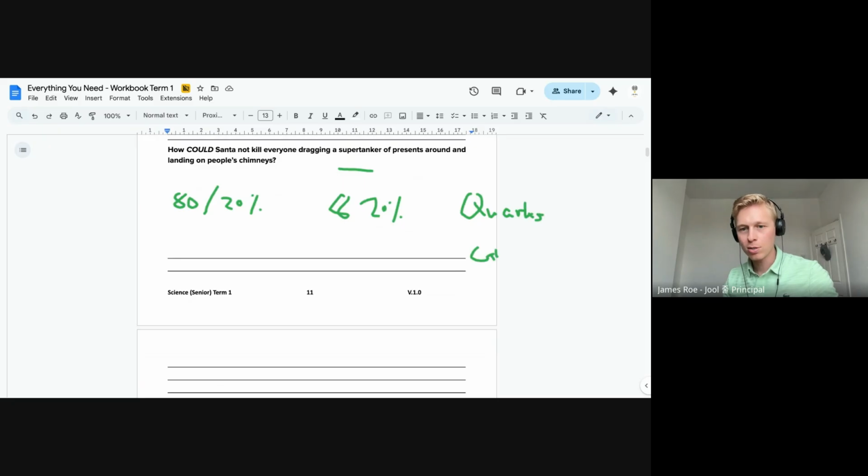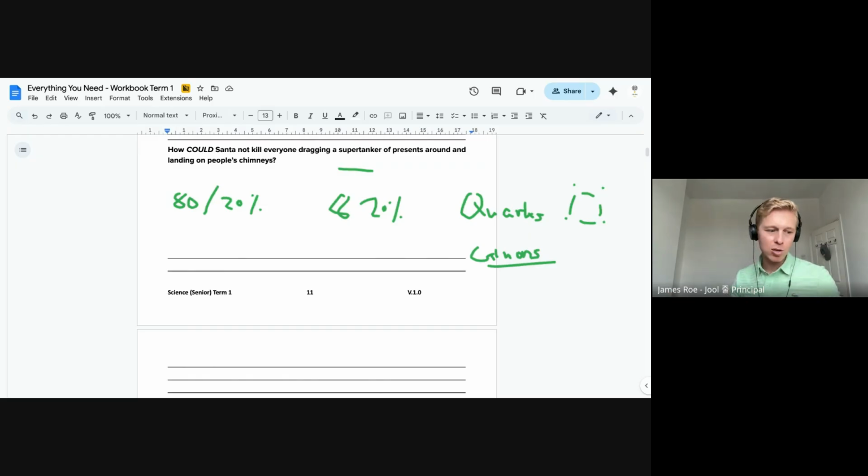Now, gluons basically are the things holding it together. I like to imagine the rainbow bridge from Thor, the Thor movies. But basically, quarks are these tiny little things, and gluons hold them together. Now, these are within protons, within these particles.